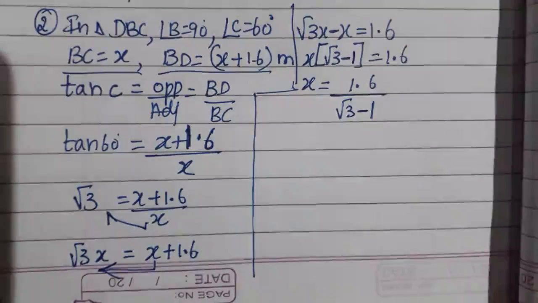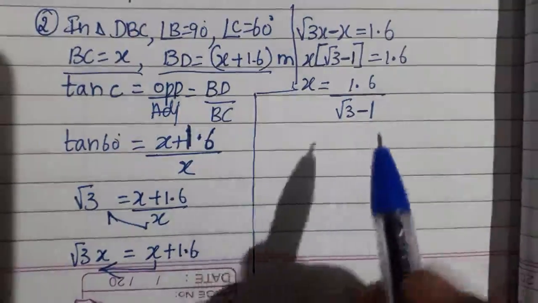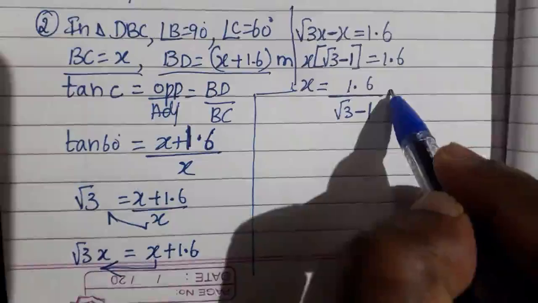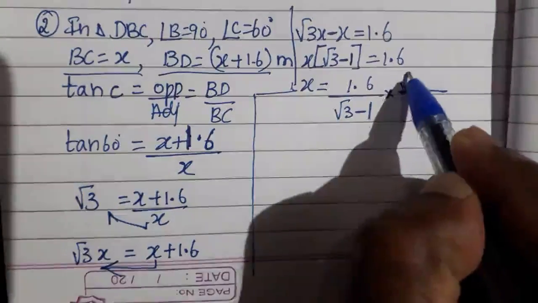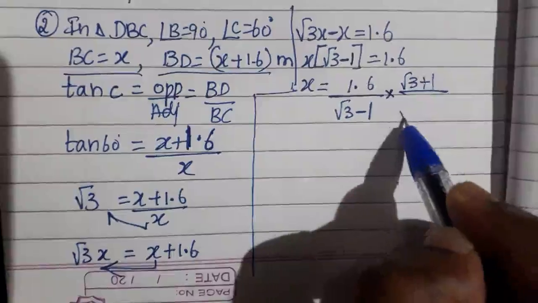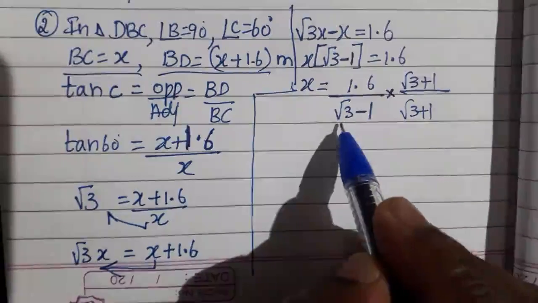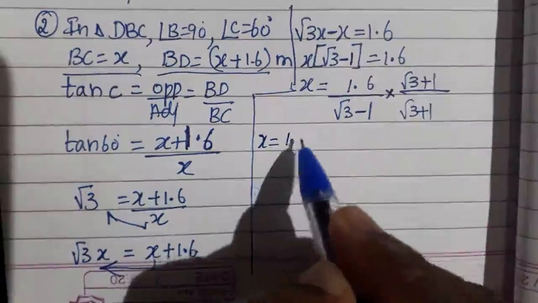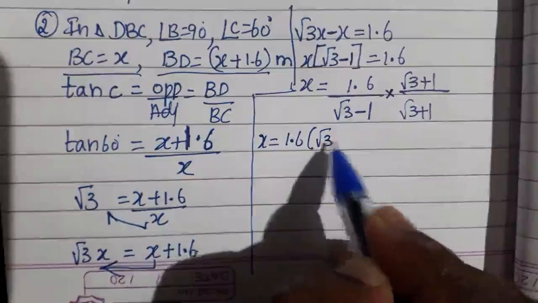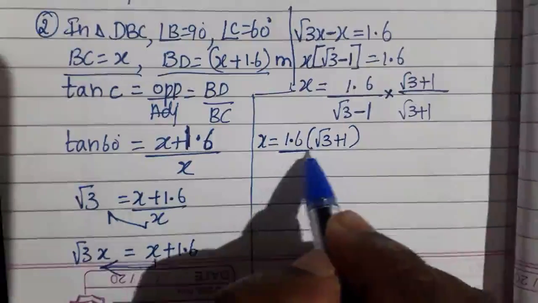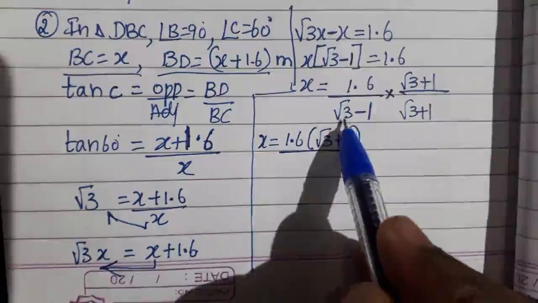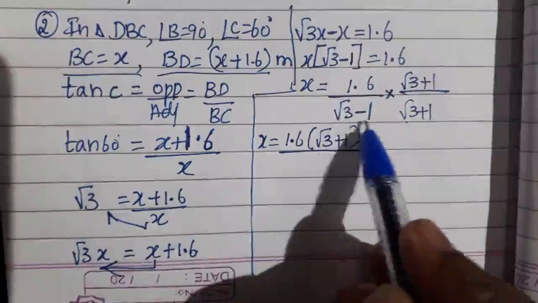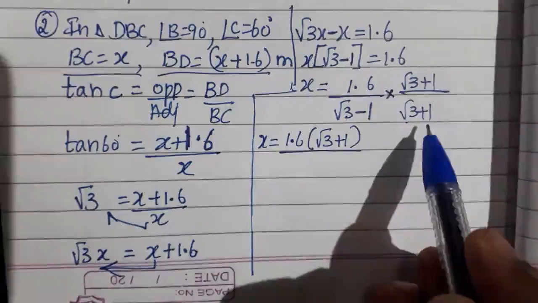Now if you see the denominator, we have to rationalize the denominator. That means multiply numerator by root 3 plus 1, denominator by root 3 plus 1. If you have root 3 minus 1, you have to multiply it with root 3 plus 1. Now x is equal to 1.6 into root 3 plus 1 in the numerator. In the denominator, this is in the form of a minus b into a plus b, which can be written as a square minus b square.